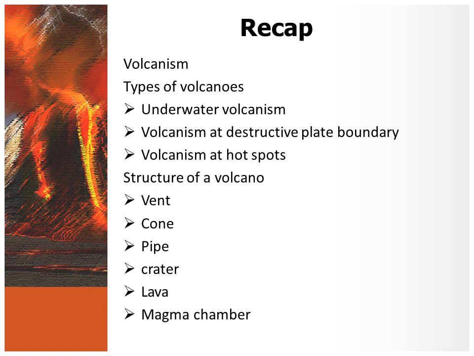We have studied the first two this week and we'll be studying volcanism at hotspots inshallah next week. We have also learned about structure of a volcano and its main parts, which are vent, cone, pipe, crater, lava and the magma chamber.